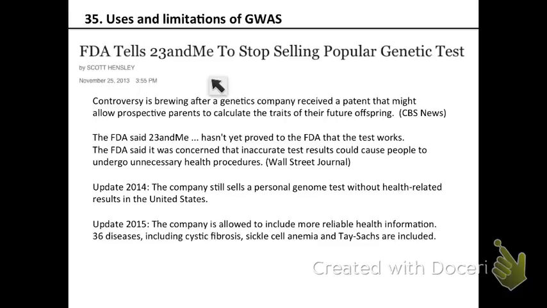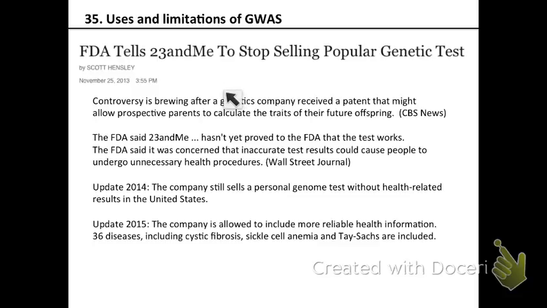A very good example would be BRCA1 and BRCA2. If you have breast cancer in your family, maybe you might want to get these two genes sequenced, because there are mutations known to increase your risk for cancer, right?